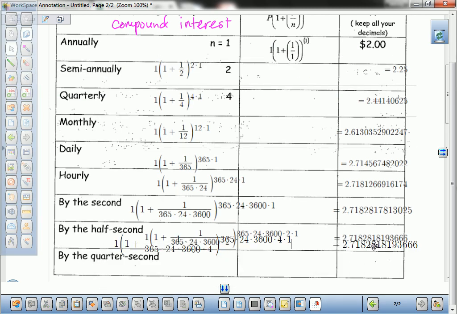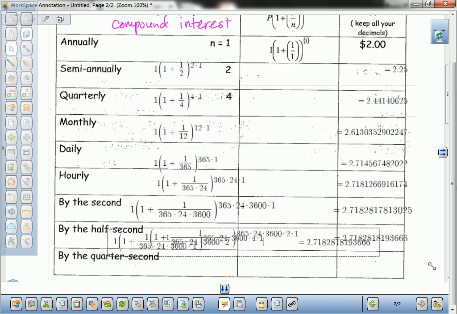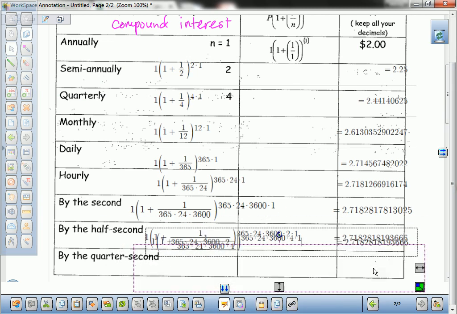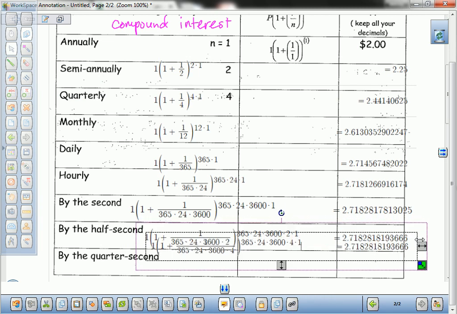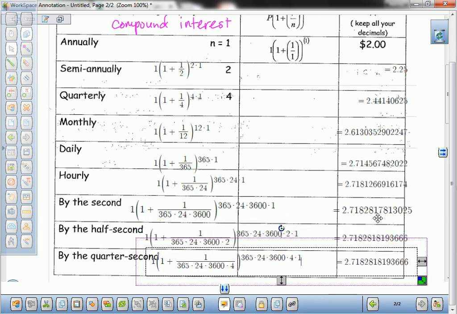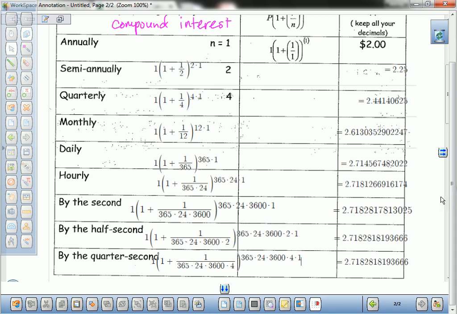All right, so what do you notice about these last two? These are really similar. They're identical, aren't they?